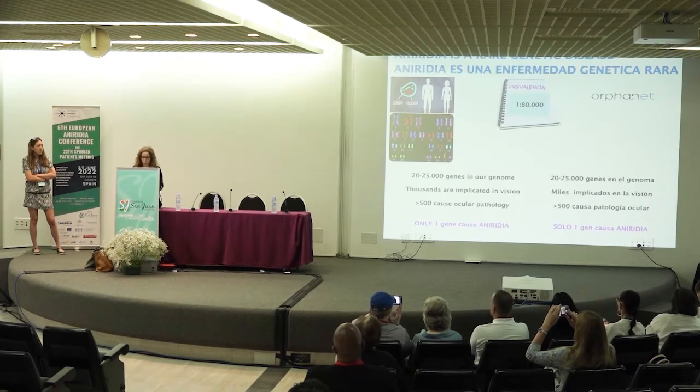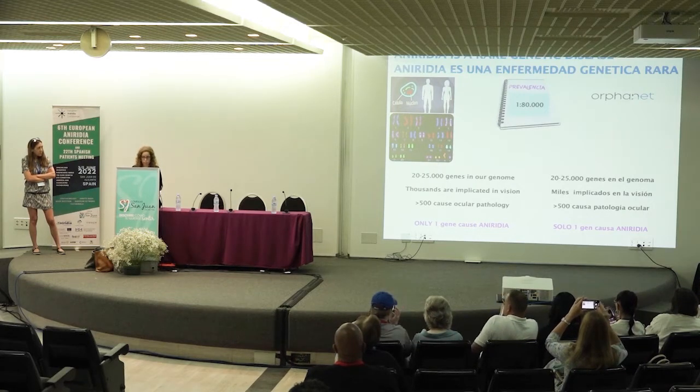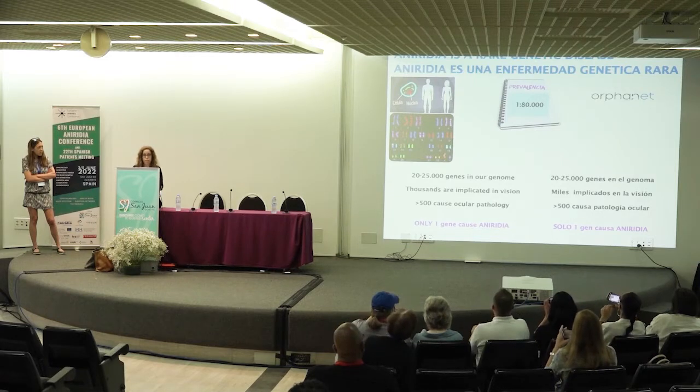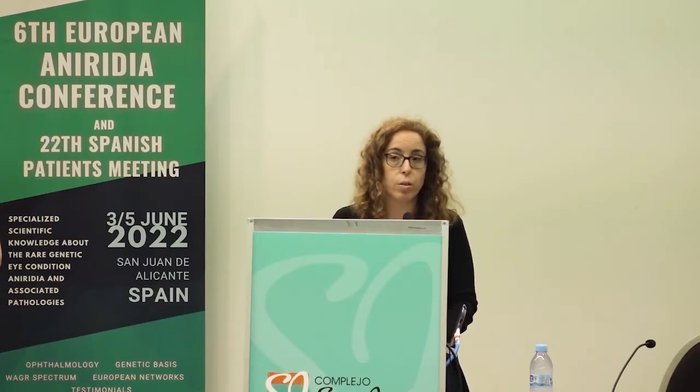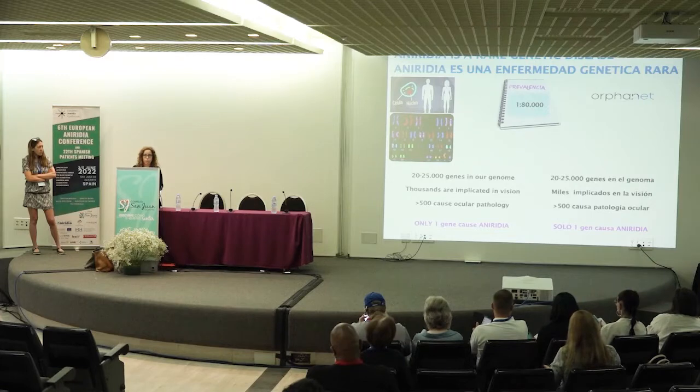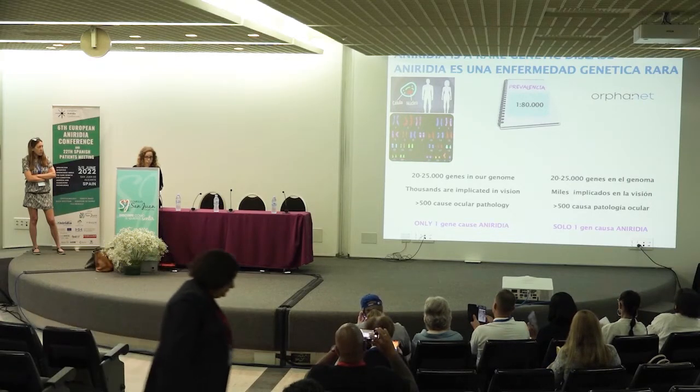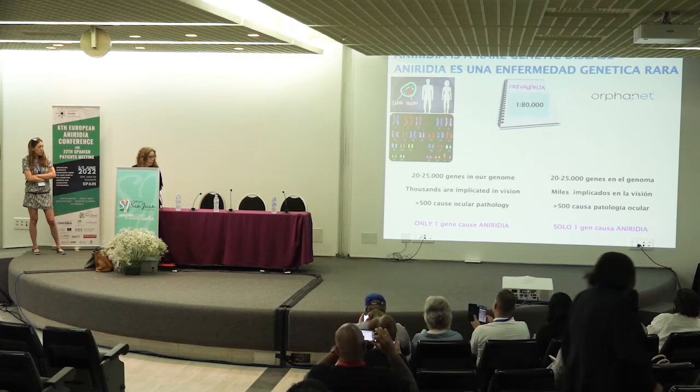As you know, aniridia is a rare disease with an estimated prevalence of 1 in 18,000 individuals, and it's a genetic disease. We have around 25,000 genes in our genome, but only one is causing aniridia. As you know, it's called PAX6.